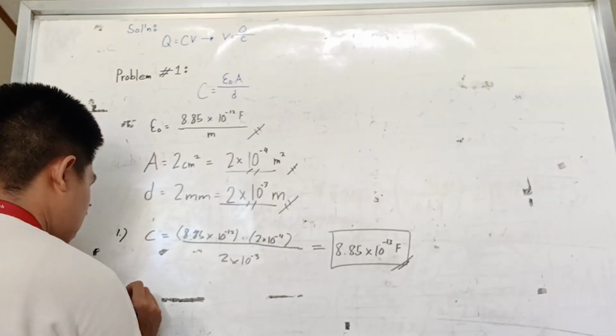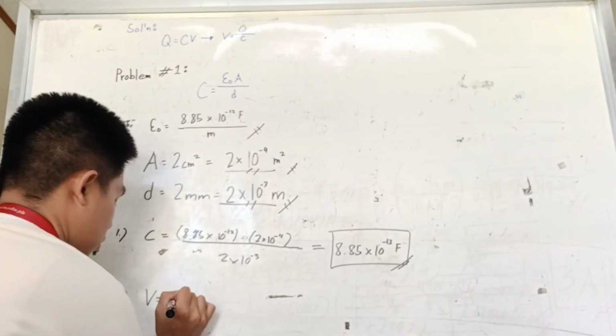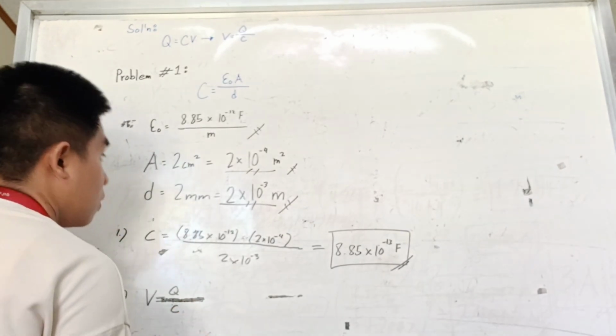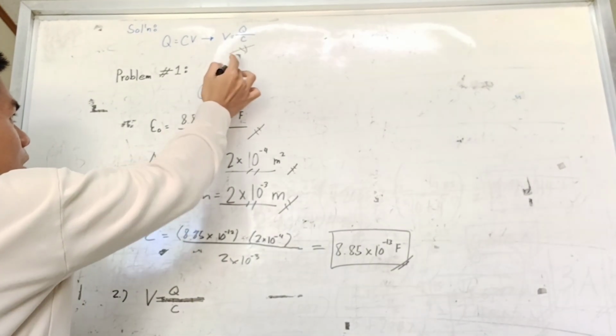So, for problem number 1, voltage is equal to Q over C, which is given by this formula.